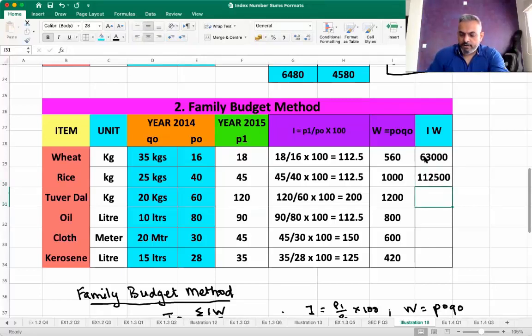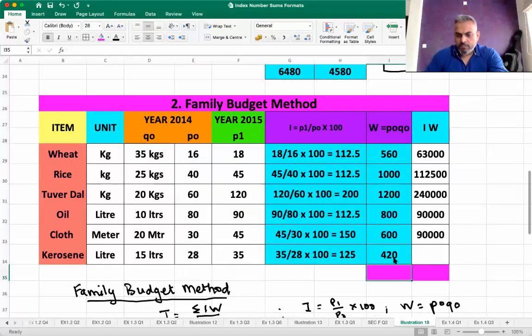Then 1200 into 200. 112.5 into 800, 90,000. Then 600 into 150, 90,000. And 420 into 125 is 52,500.